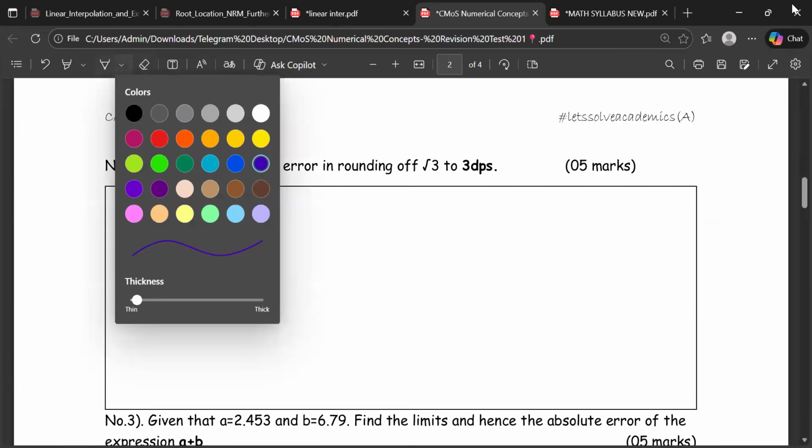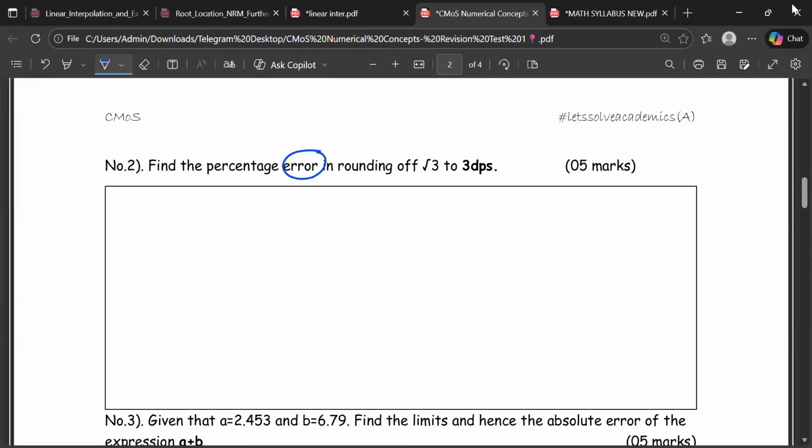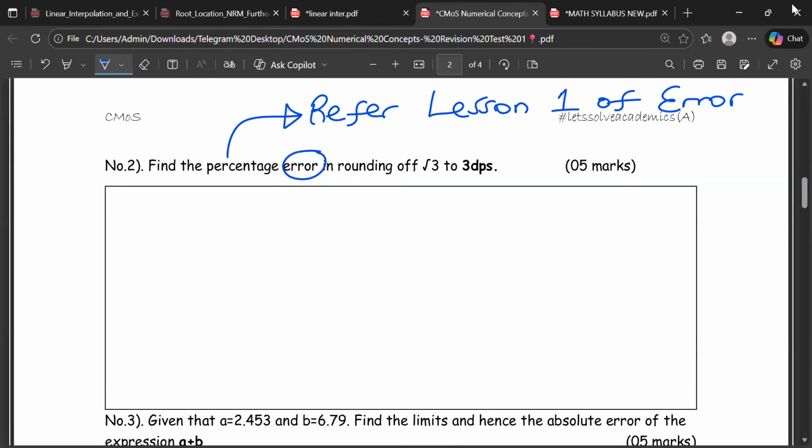Now, this thing to do with the percentage error, this one I taught errors myself. So you do it in your free time. You refer to lesson 1 of error analysis, which is topic 16, senior 5, term 3.